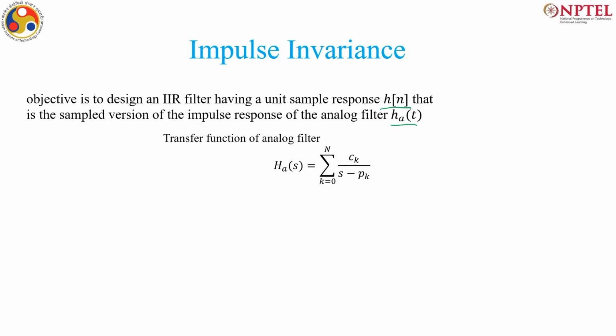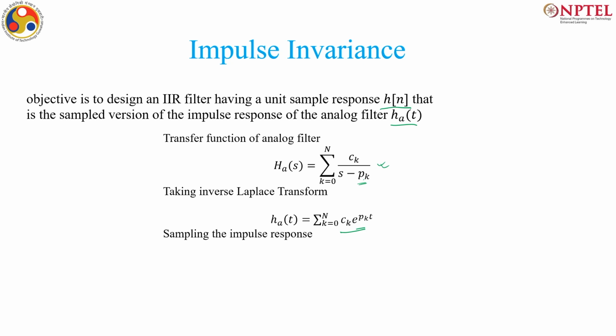If I see the transfer function of the analog filter, this is a sum like this, and this C k you can get by the partial fraction method. Now, these will typically be the poles, of course, because at these values of S our response will go to infinity. If I take the inverse Laplace, I get C k, which are the coefficients, e power p k t, and if you are having confusion, just check the inverse Laplace table.